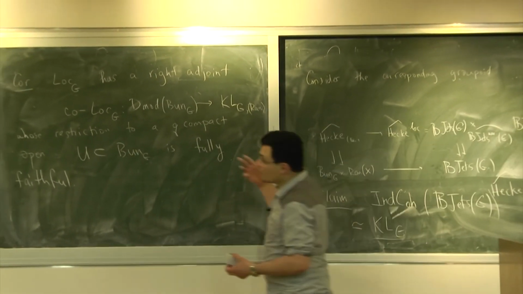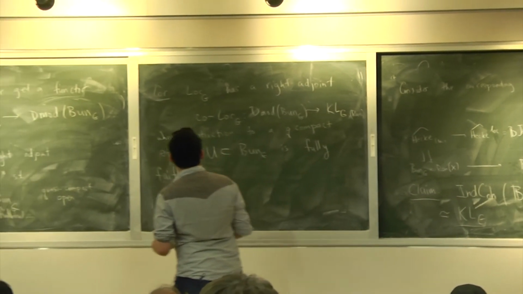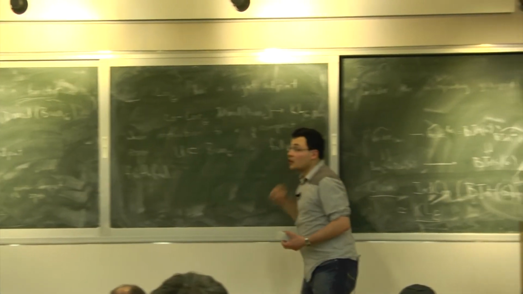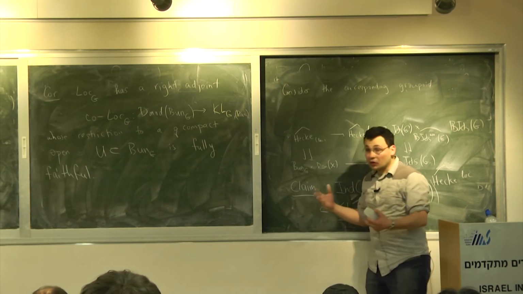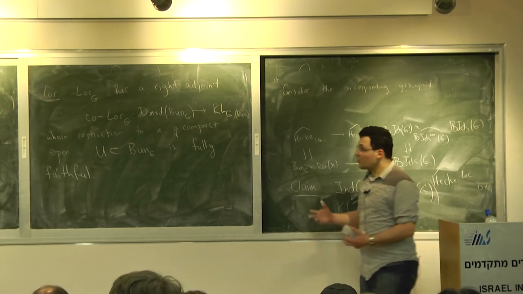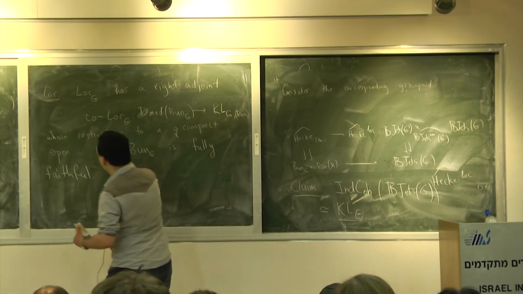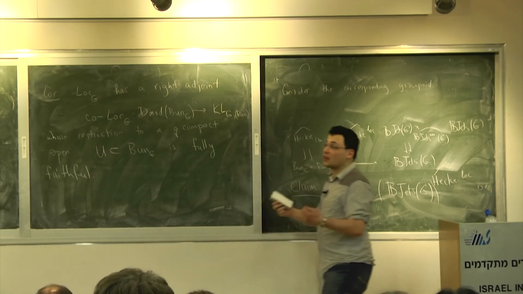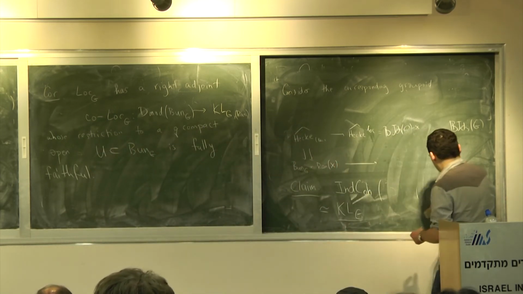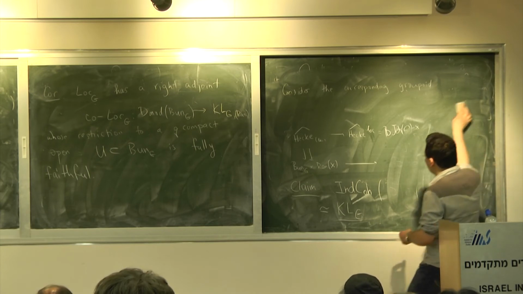In fact, if we look at this localization functor dually, it doesn't generate this category of D-modules on Bun-G. We don't get the whole thing, but we get something very close to it. If we restrict to any quasi-compact open, we do get the whole thing. So let me rephrase that.